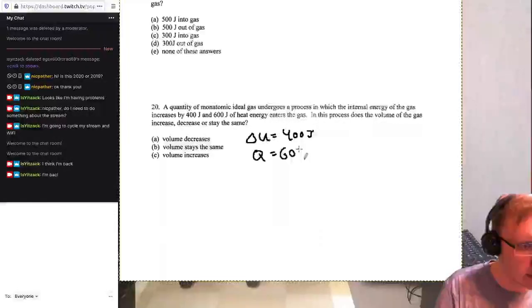Q is equal to 600 joules, which means work done by it is 200 joules.